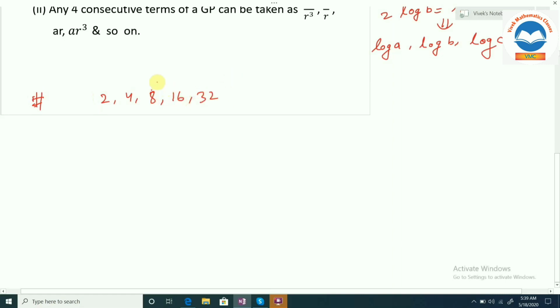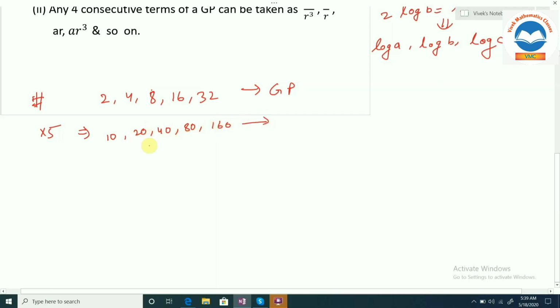Only 5 terms I will take. In this GP, each term I will multiply by a fixed number 5. 2 into 5 will be 10, 4 into 5 will be 20, 8 into 5 will be 40, 16 into 5 will be 80, 32 into 5 will be 160.